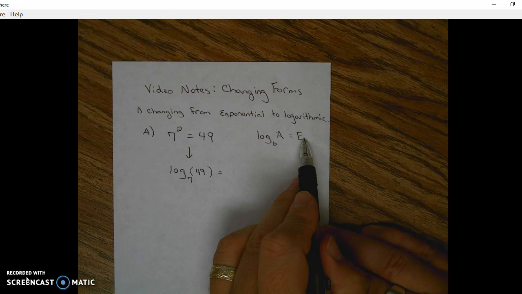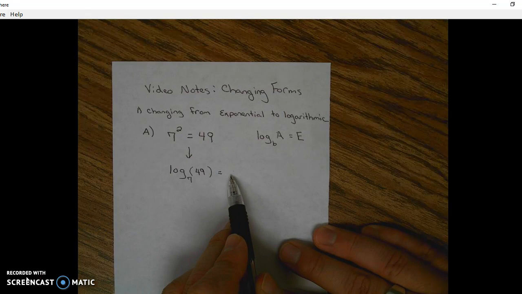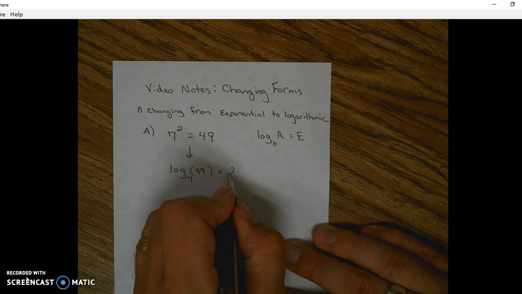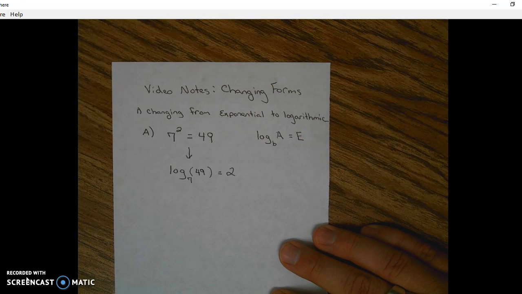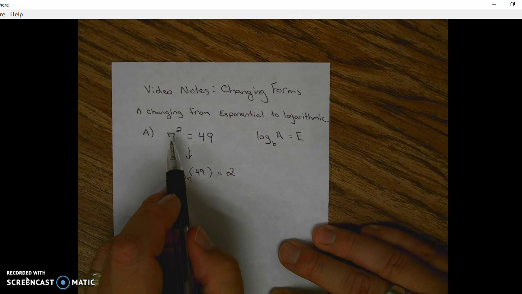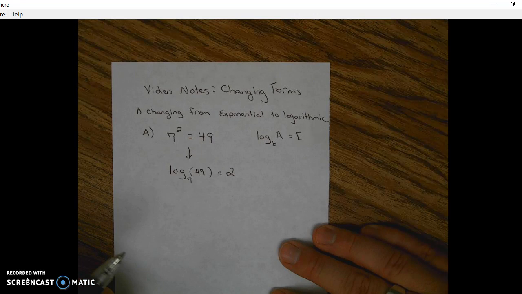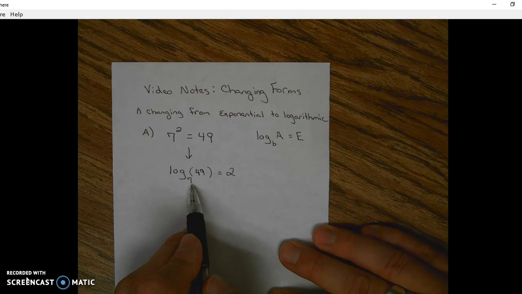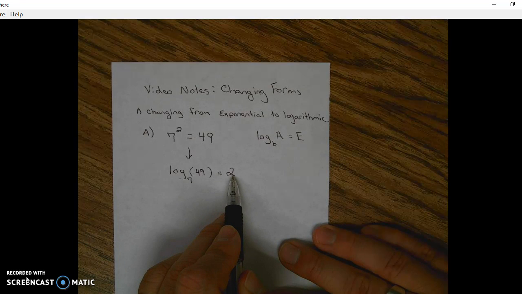And then the exponent goes in the answer place, so 2. So 7 squared equals 49. Log base 7 of 49 equals 2.